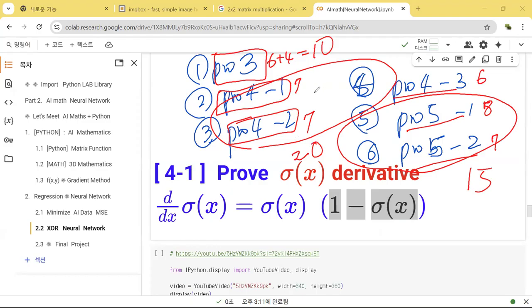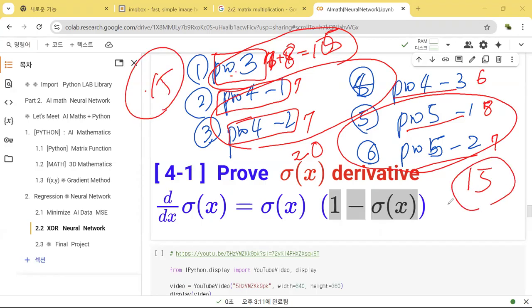Let's see. Okay, sorry, this is 7 plus 8, 15. So 15 plus 20, the total score is 50 points for the final examination.